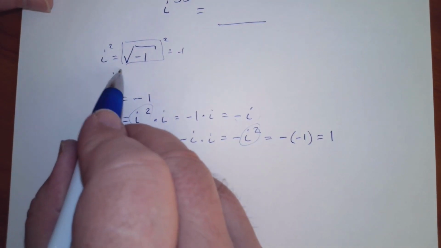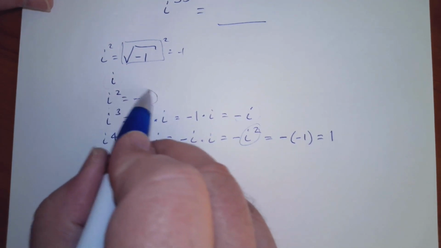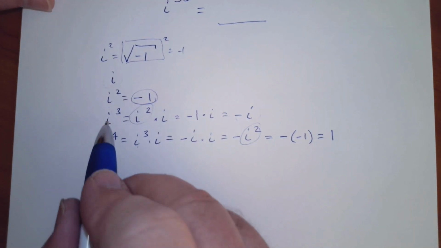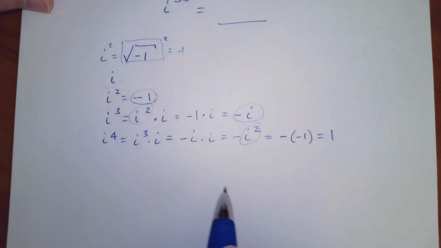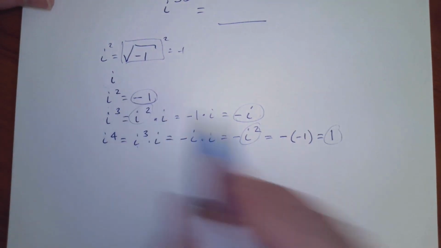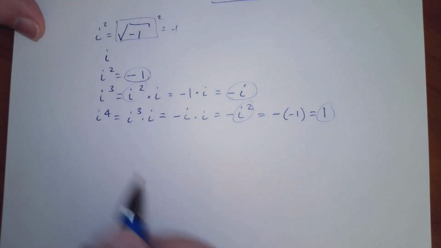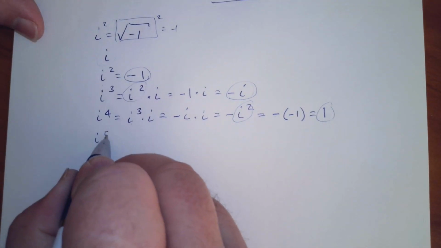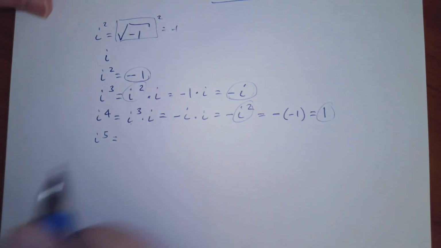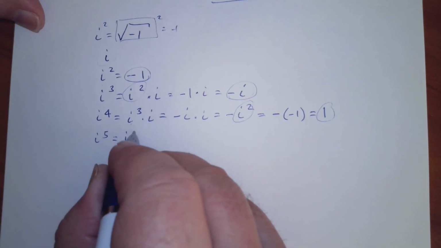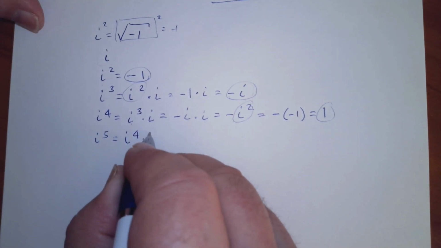So we know i by itself is i, i squared is negative 1, i cubed is negative i, and i to the fourth is 1. Notice there are no exponents in the final answers. Let's go on further until we find a pattern. What's i to the 5th made up of? It's made up of i to the fourth times i.